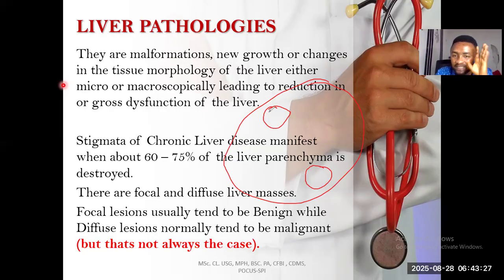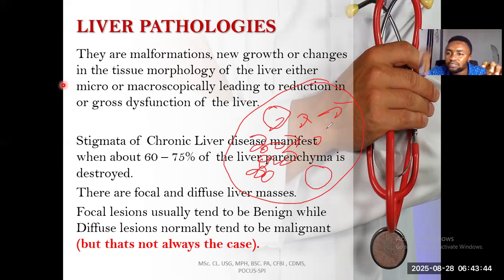You can see that this is this, that is that. But if it is diffuse, it's like this, like that. Diffuse is spreading like that. You understand? It's haphazard, arranged anyhow. That's diffuse. For focal, they are in focus.